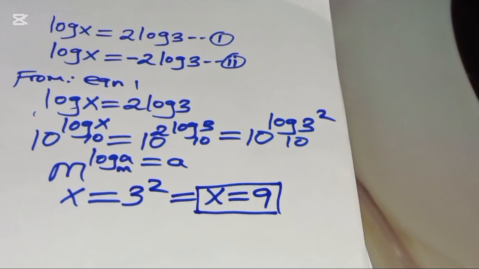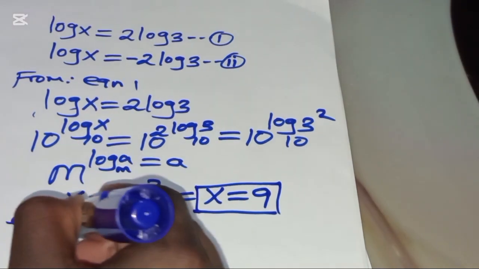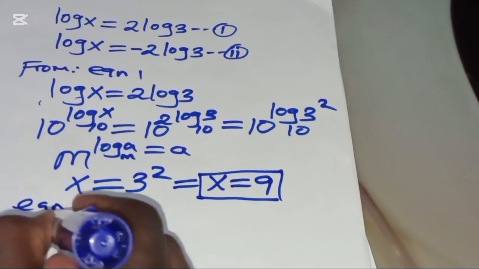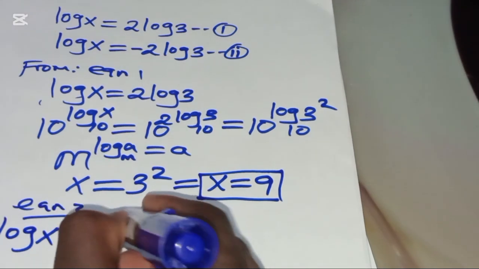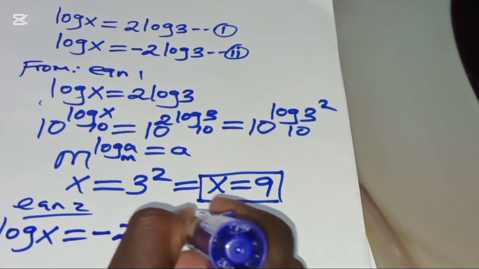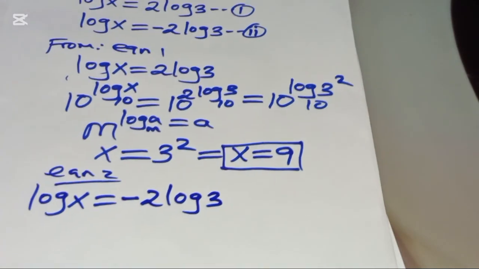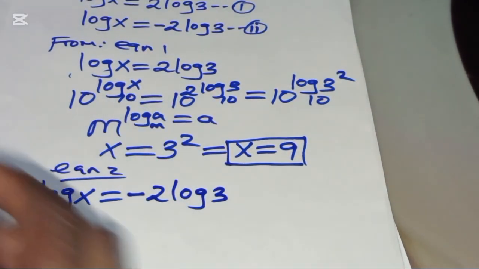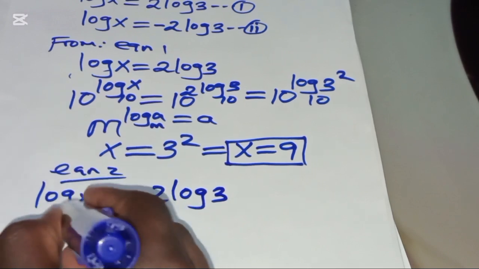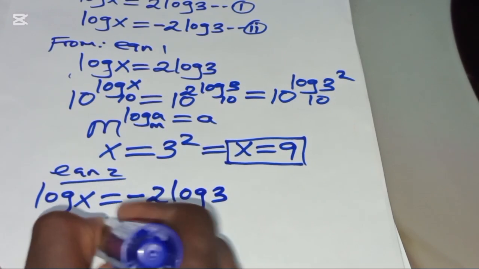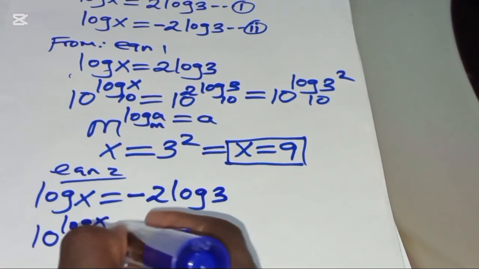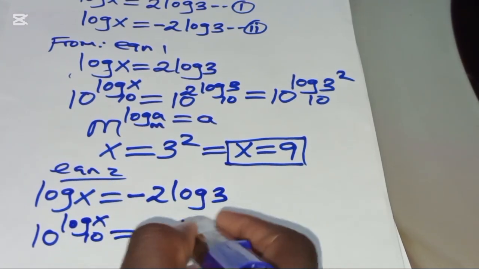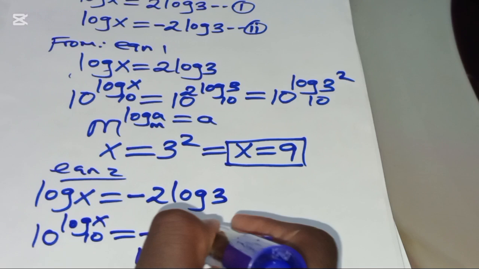Now from equation 2, we have log x = -2 log 3. Applying this logarithm property, we'll have 10 to power log x to base 10 equal to 10 to power -2 log 3 to base 10.